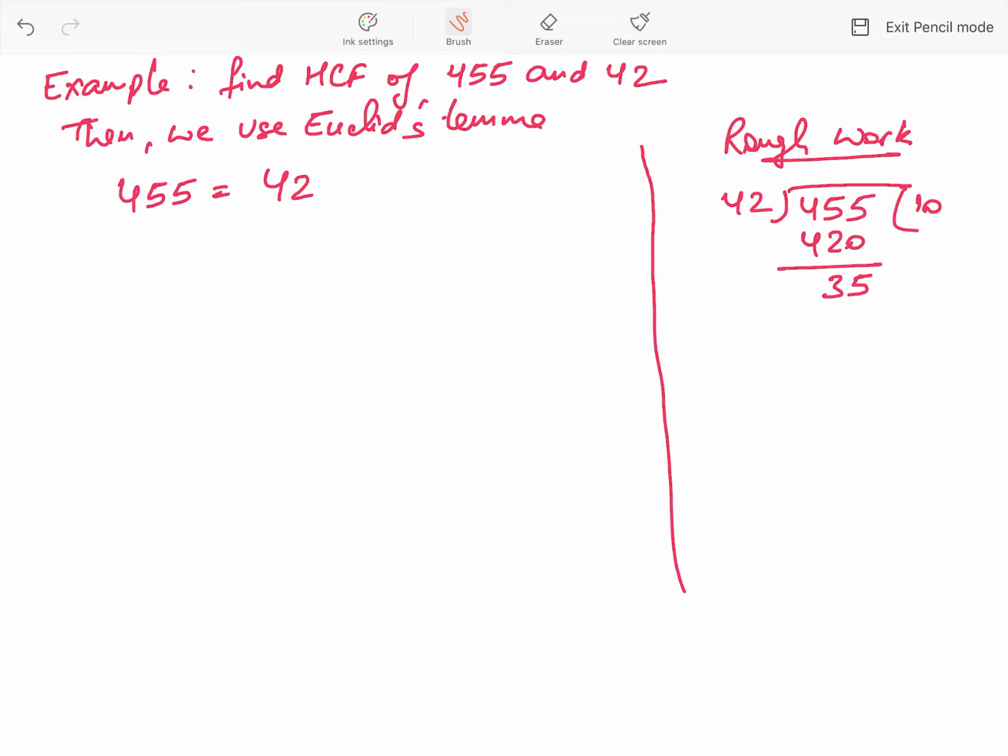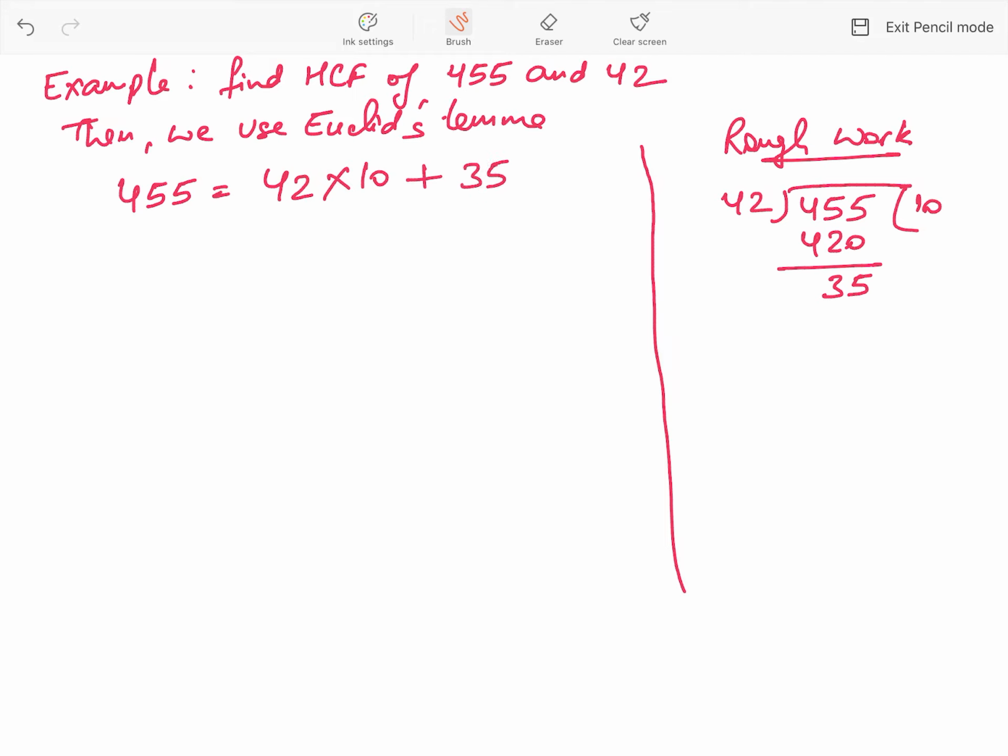If we multiply 42 with 11, the number will be larger than 455, and that is not possible to subtract. So we will multiply 42 with 10 and the remainder will be 35.